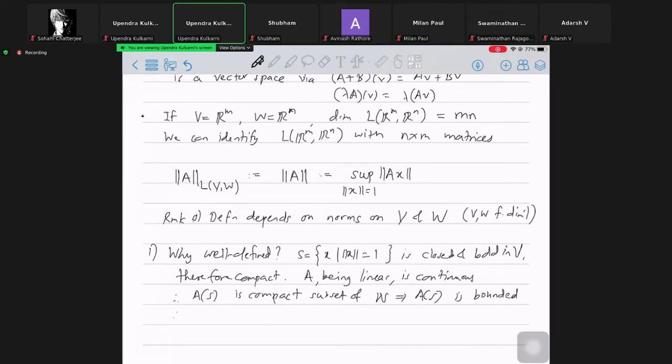Okay, so this is the first thing. But what is the next obvious thing to check? Well, I have defined a function and I have said that it's a norm. So I have to check that this really satisfies the conditions of a norm. So what is there to check?